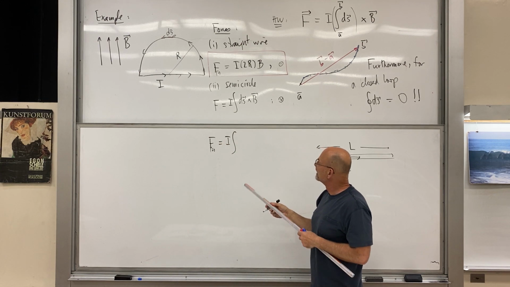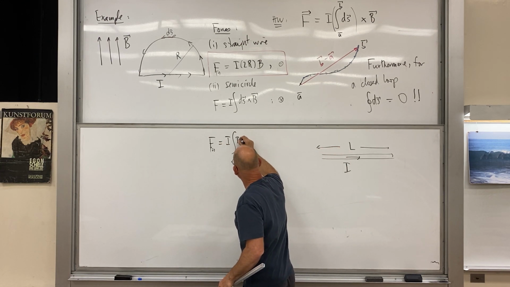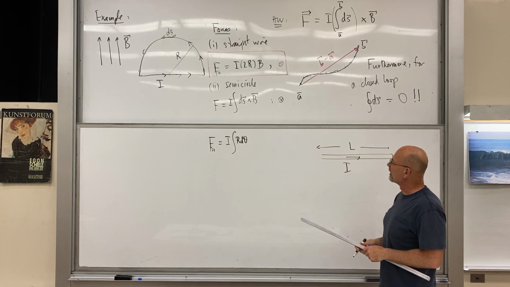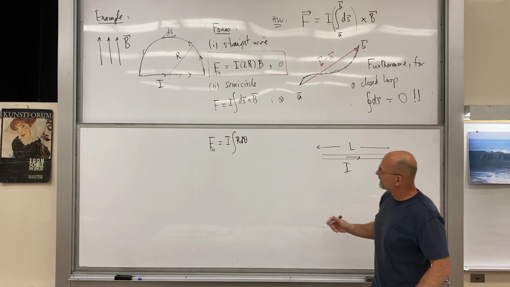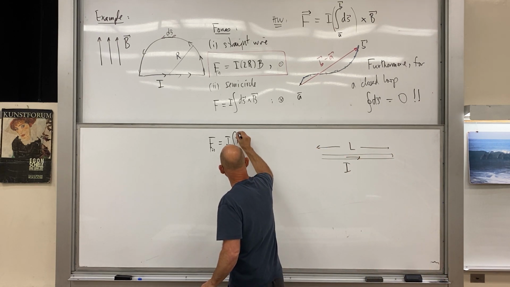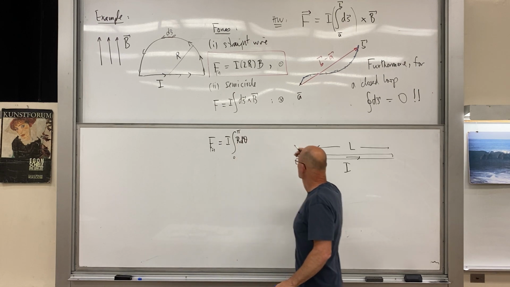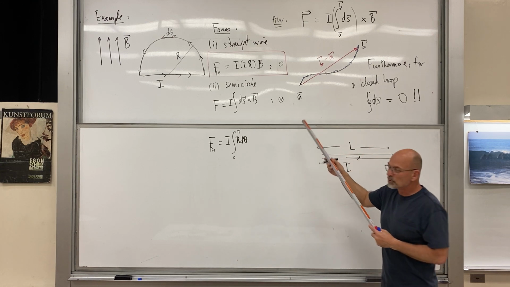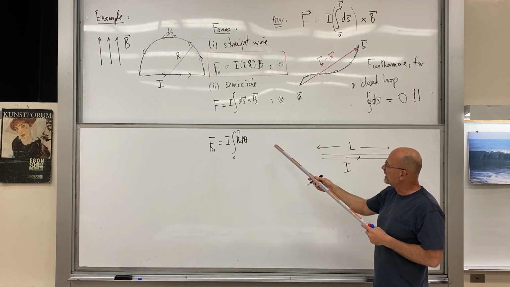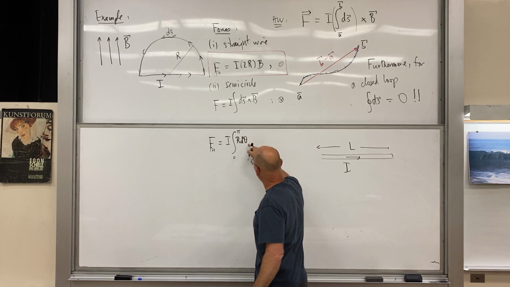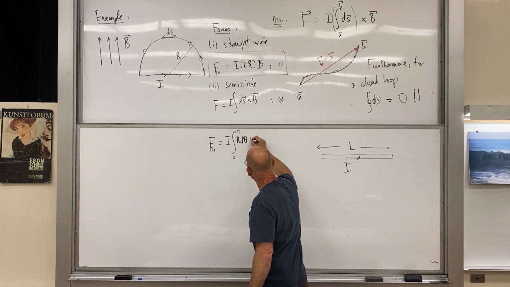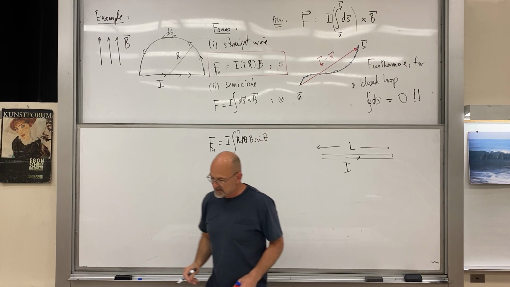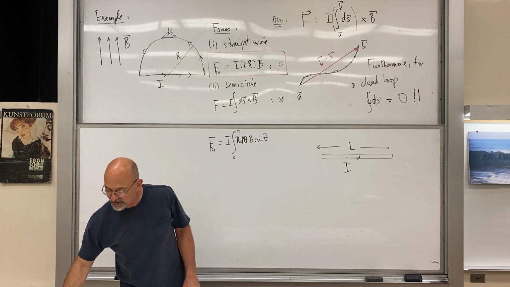Now the ds is just going to be an R d theta, and crossing that into B, the integration is going to go from 0 to pi. If you remember the rule for the cross product, we've got R, B sine theta. Like I said, I've got the direction there.